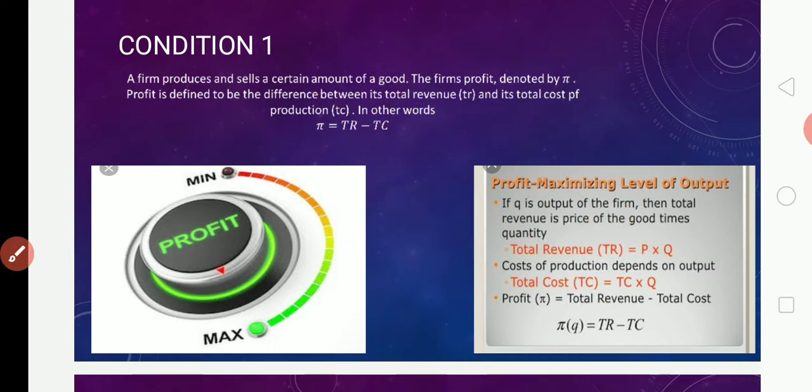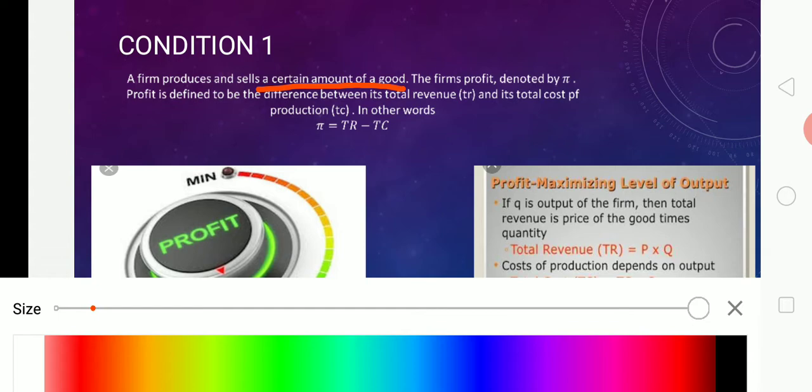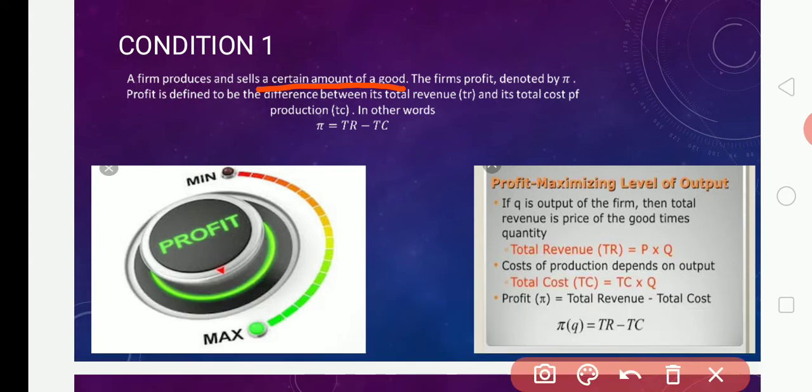First of all, we'll see profit means a firm produces and sells an amount of good. Every firm will produce an amount of good, and the firm's profit is denoted by pi. This symbol is called pi. Got it?